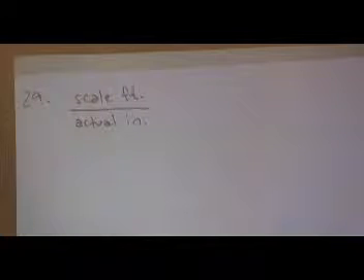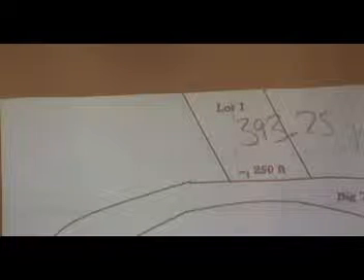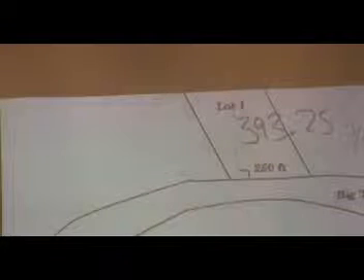So, some of you were talking about using an architect scale or whatnot. When I'm looking at this drawing, I can see that it's 250 feet. That's the scale feet, right? That's what they're telling you it is. But if I want to find out the actual measurement, I need to actually measure.